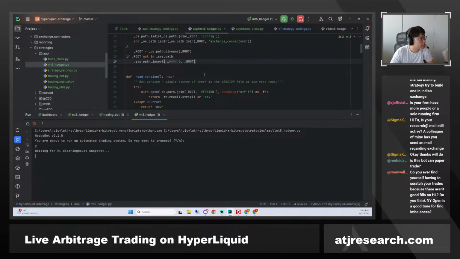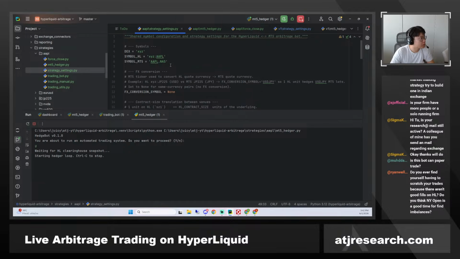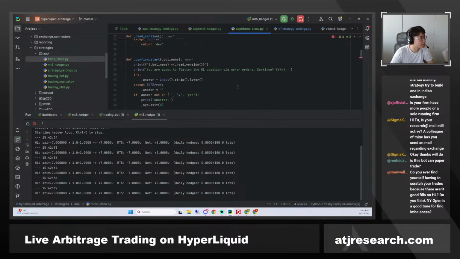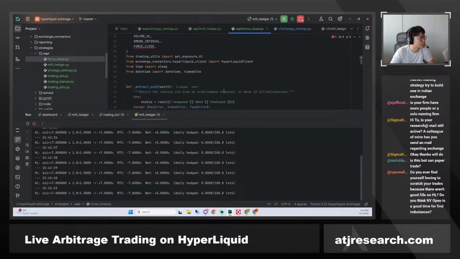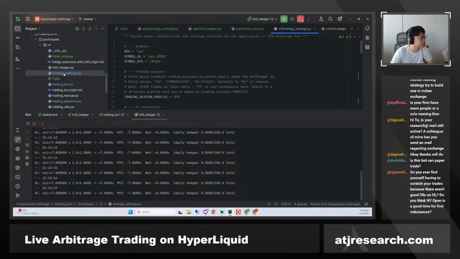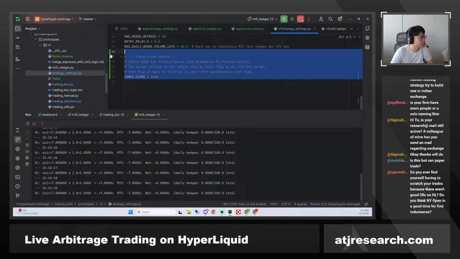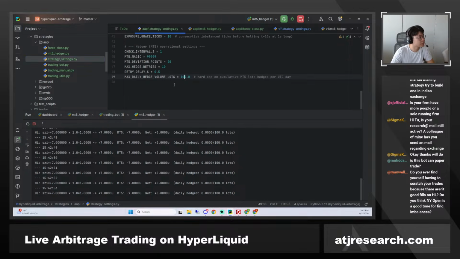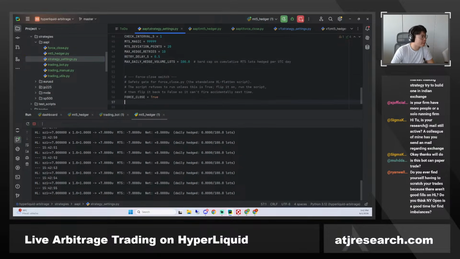So here we are hedging with Apple. And here I will just try to run the force close. And so yeah, here we have the strategy settings. I actually wanted to copy this section here and add this to the strategy section here.